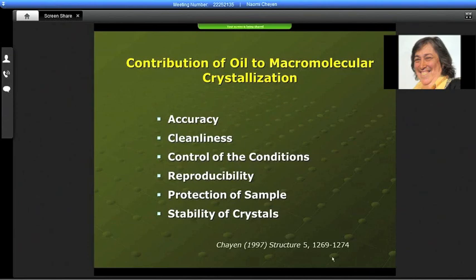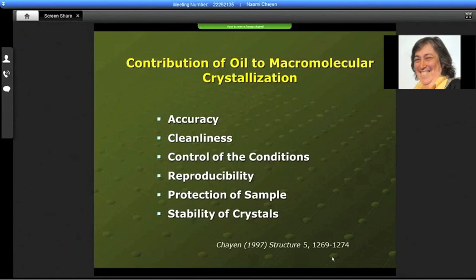So we see that the contribution of oil can be in many ways. It enhances accuracy. It's clean because it's under the oil and it's protected there. It's more reproducible because, as I say, the cleanliness and the protection of it is good. You can take crystals even to the synchrotron. You don't need to harvest them immediately.